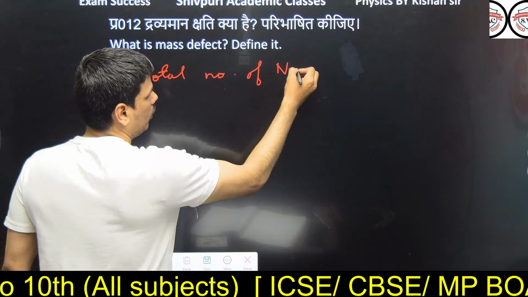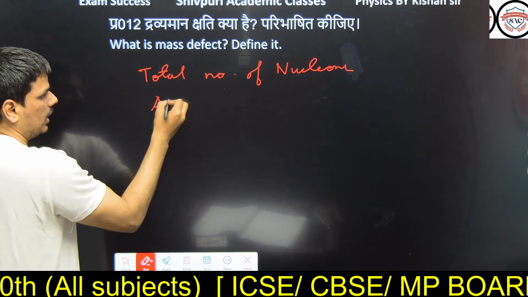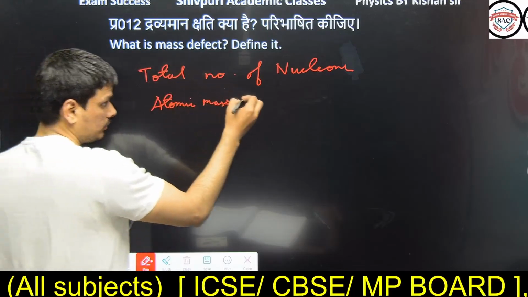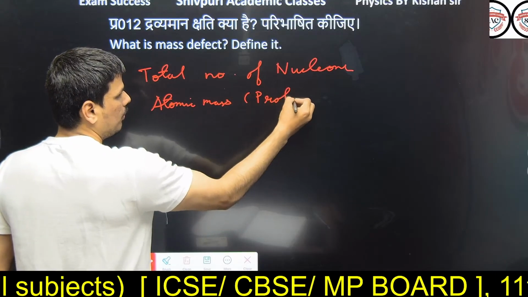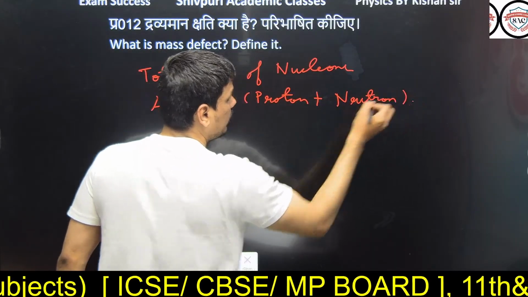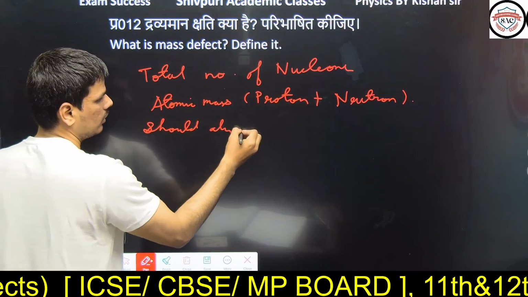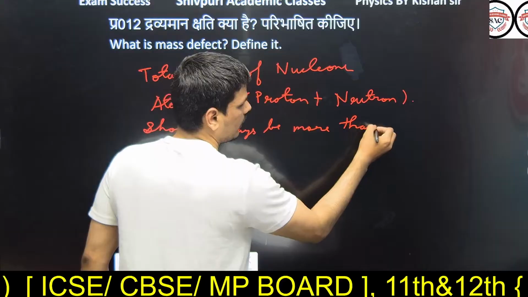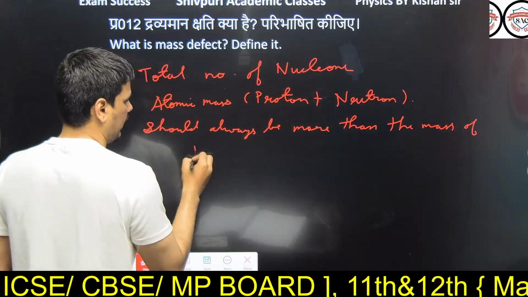The total number of nucleons means the atomic mass of protons plus neutrons, which should always be more than the mass of the nucleus itself.